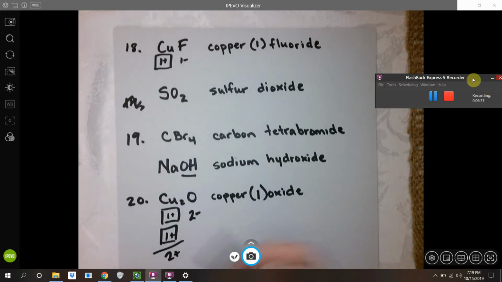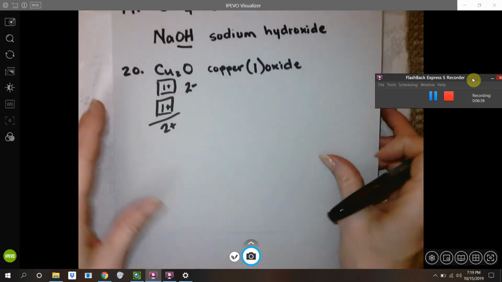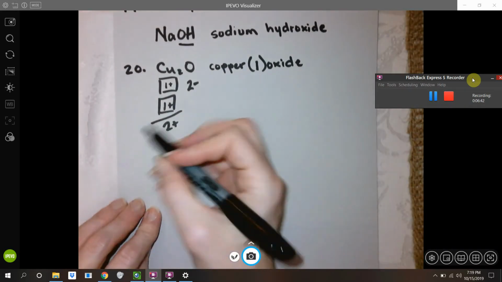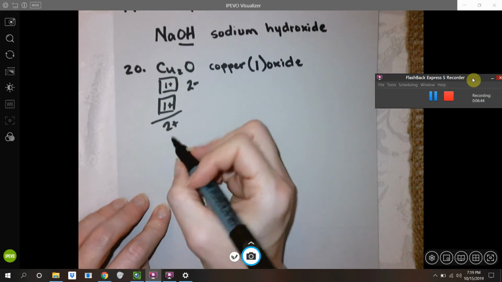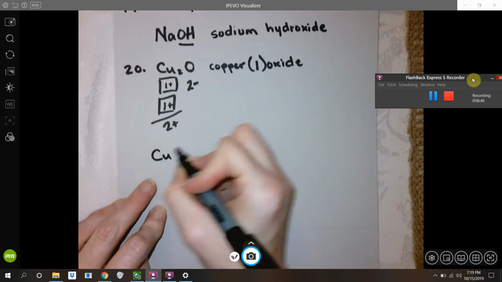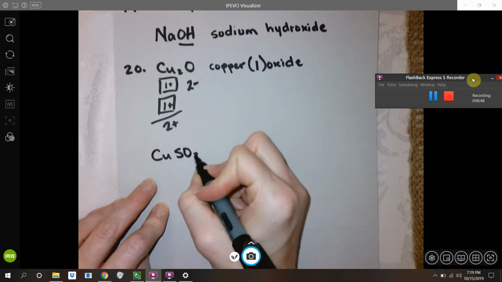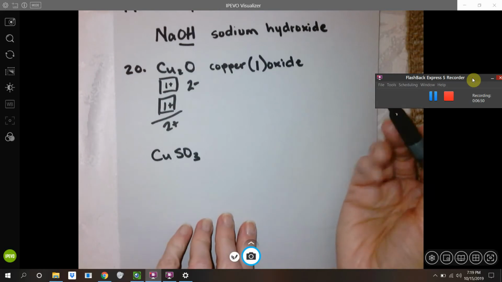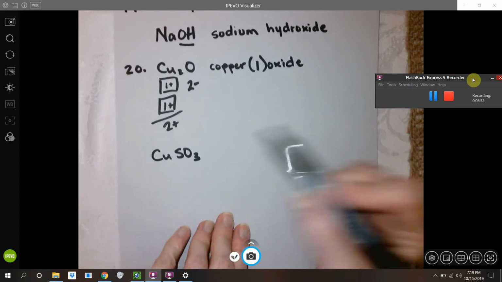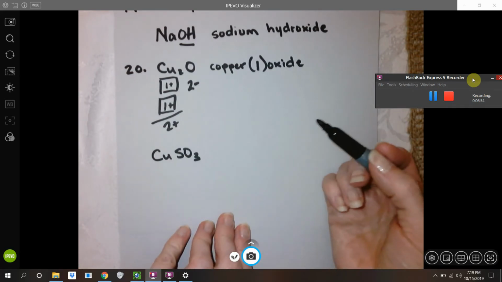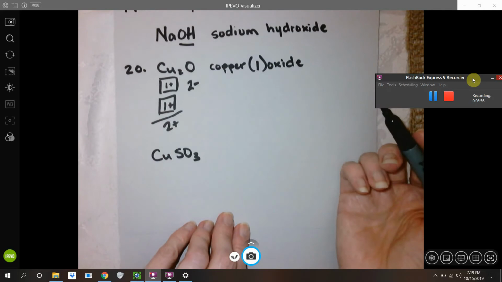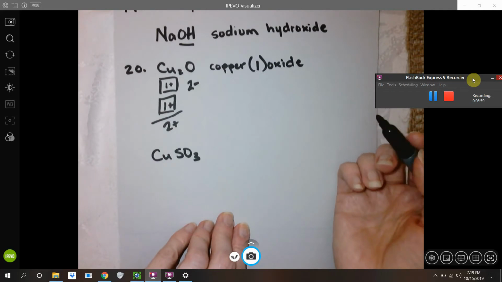Let's look at the next one, which is CuSO3. So our first question, is it ionic or covalent? Well, this one again has copper in it. It's got a metal and some nonmetals, so this is ionic. We can look for a polyatomic ion.